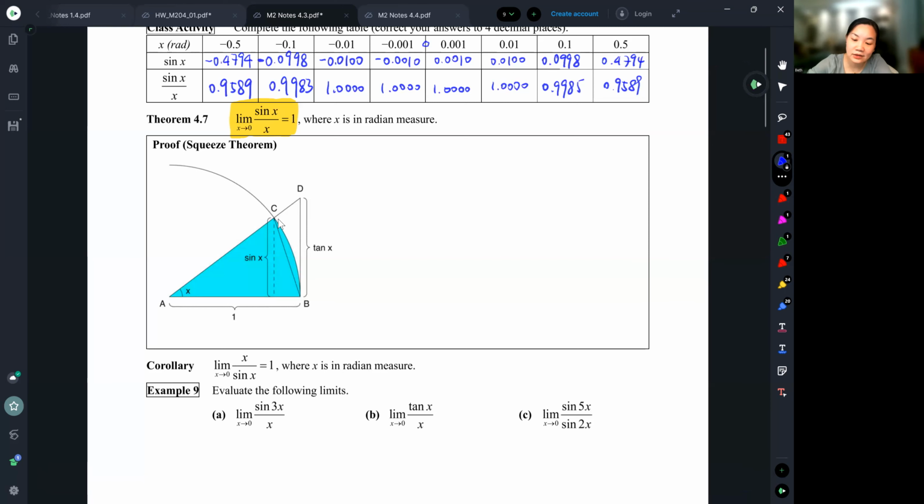Now here, angle x, okay? The angle is x. And the circle here at A is of radius 1. So this is 1 and this is 1 as well.